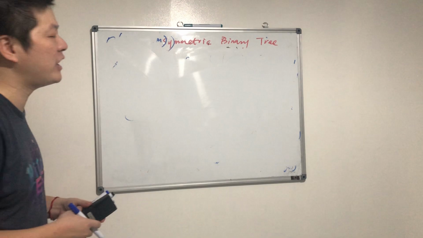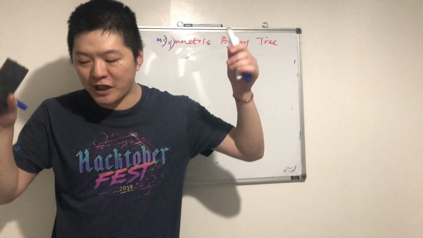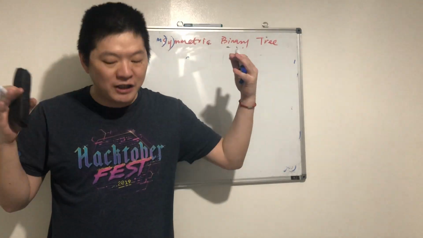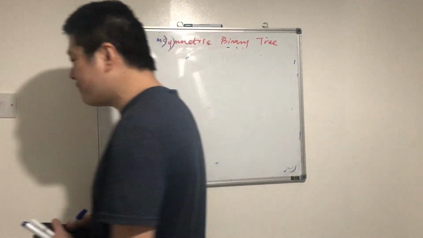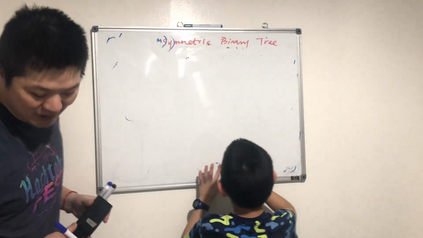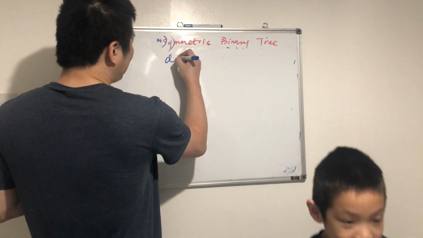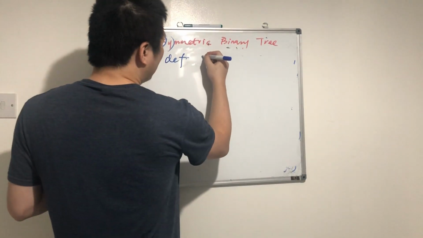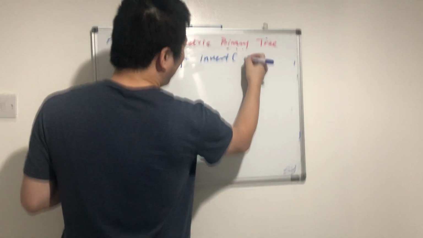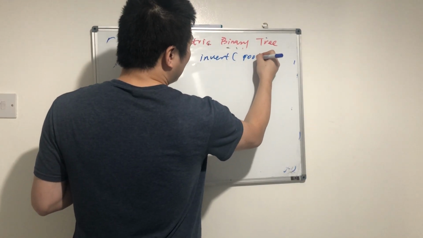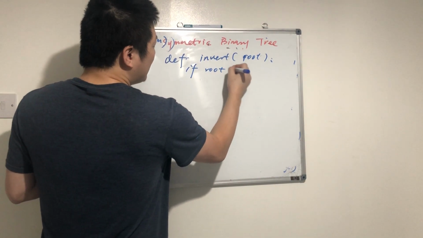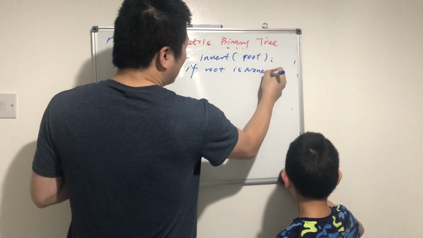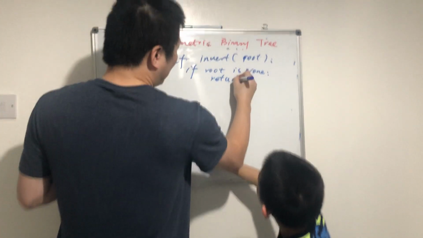Okay, so now we know how to check the trees are equal, and we know how to clone a tree. And we also know how to invert a tree. Remember how we invert a binary tree? Let's do a review. Invert root: if root is none, return none.